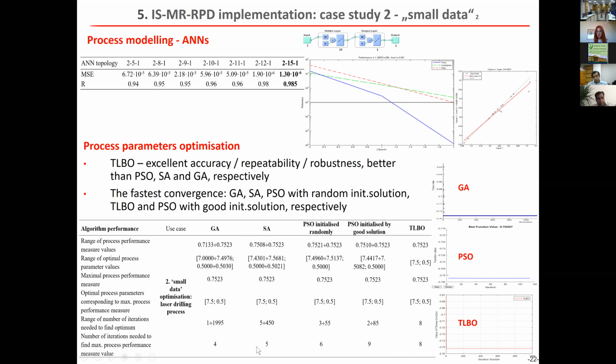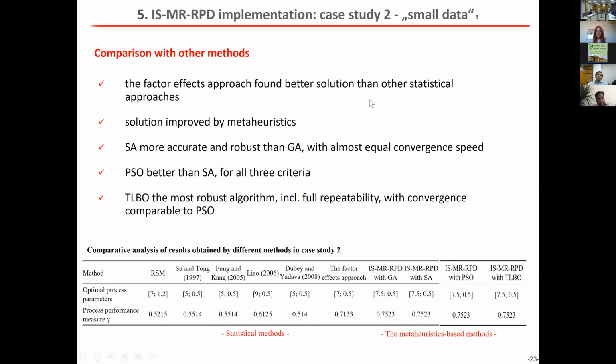And in terms of speed, it was, let's say, similar to the other 3 algorithms. Again, comparison with other studies shows that the proposed method always found better results than the other commonly used methods.